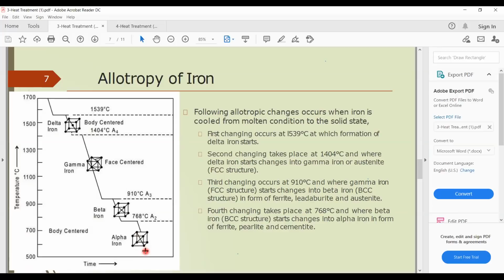So there may be a question: explain the allotropic changes that occur when iron is cooled from the molten condition to solid state. So remember it.